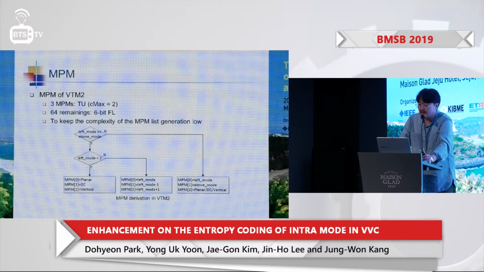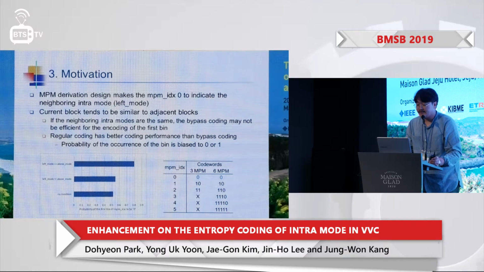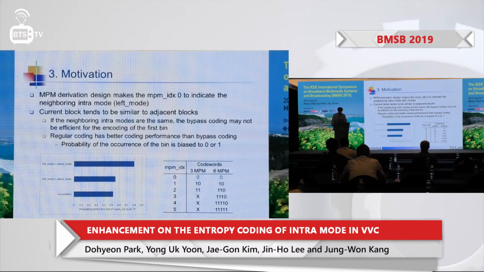It shows that the correlation between the current block and neighboring block is high. The current design of MPM list generation makes the MPM index indicate the left neighboring intra mode. Also, the current block tends to be similar to the adjacent block.